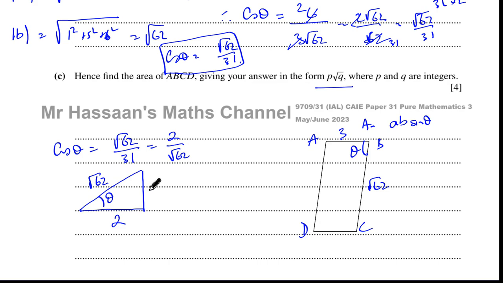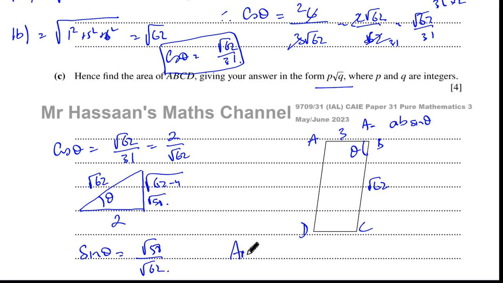So we can find what this opposite side is. The opposite side will be the square root of 62 minus 4, which is the square root of 58. So we can say the sine of theta is root 58 over root 62.